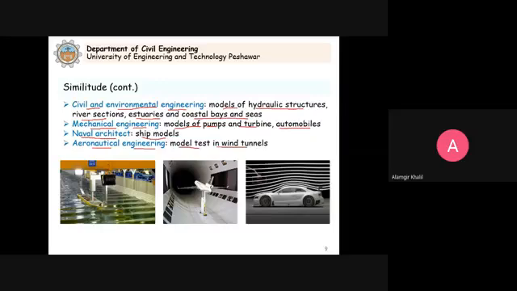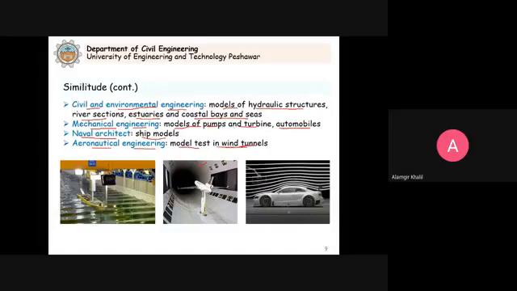Then we interpret the results and transfer the results to predict the performance of the prototype, the actual structure. Here you can see the model of an aeroplane tested in wind tunnels. Clear? And then we evaluate the different design parameters. It helps us to improve our designs.